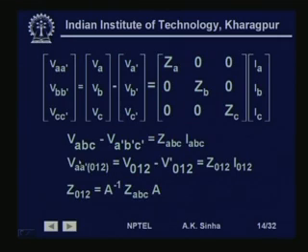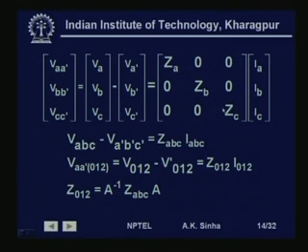So, again we can write down the voltage equation for the system as VAA', VBB' and VCC' in phase components. So, this will be equal to VA minus VA', VB minus VB', VC minus VC', which will be equal to ZA into IA, ZB into IB and ZC into IC.